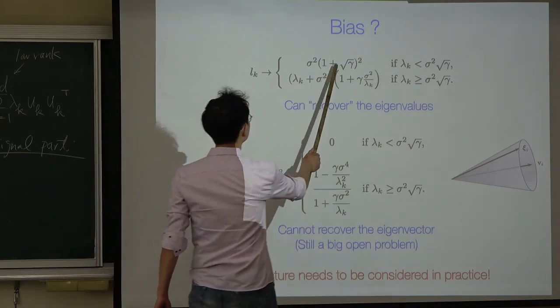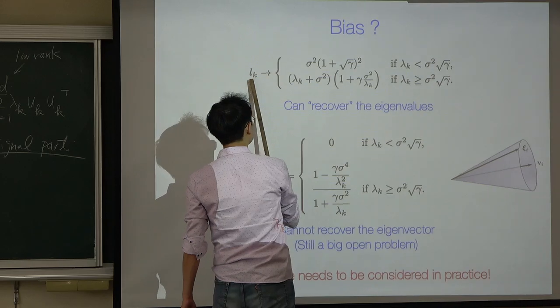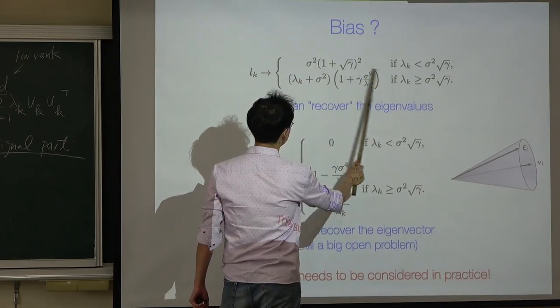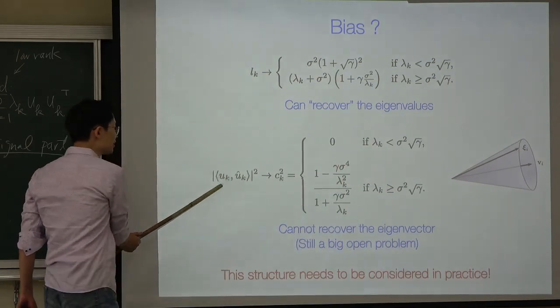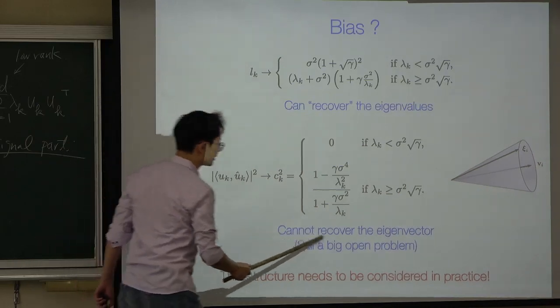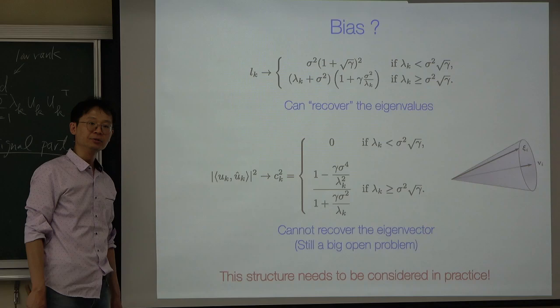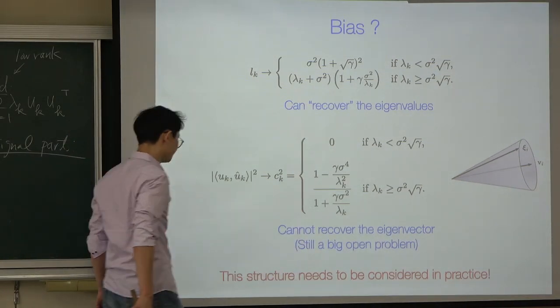Overall, what you get is a biased eigenvalue, and you can recover it because it satisfies a quadratic relationship. But for the eigenvector, sorry, we cannot recover it. It's still a big open problem how to correct or estimate the eigenvector.